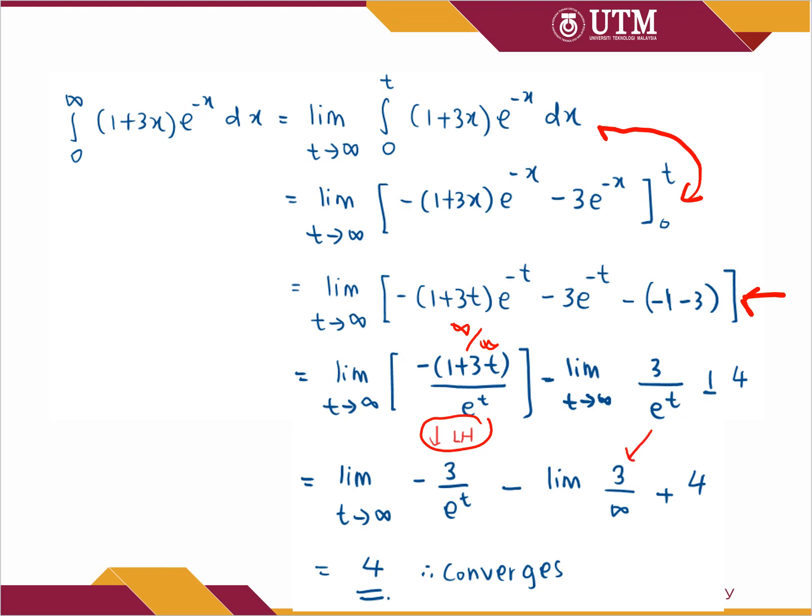But for the rest you don't have to apply L'Hopital's rule, because you straight away get the value: 3 over infinity, which is equal to 0. And the last one is the limit of t approaching infinity of 4, so the answer would be just 4.